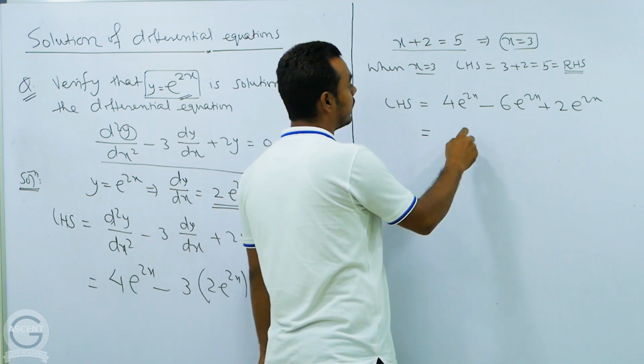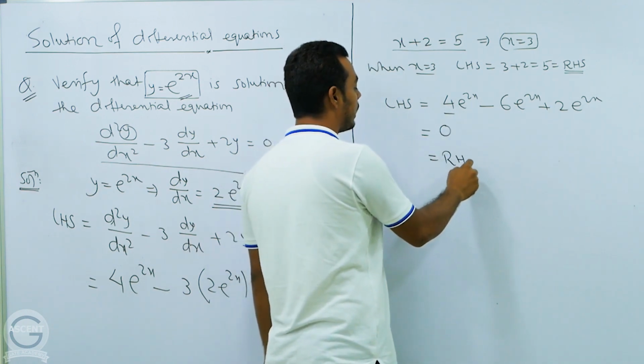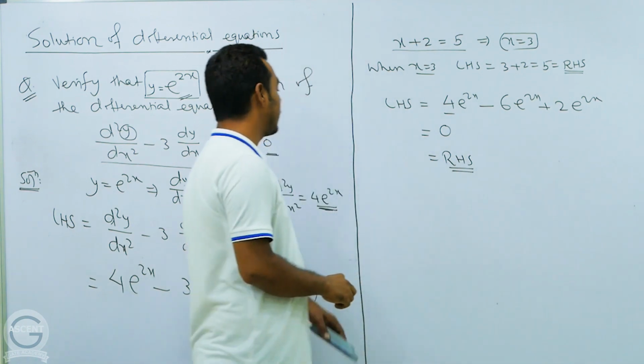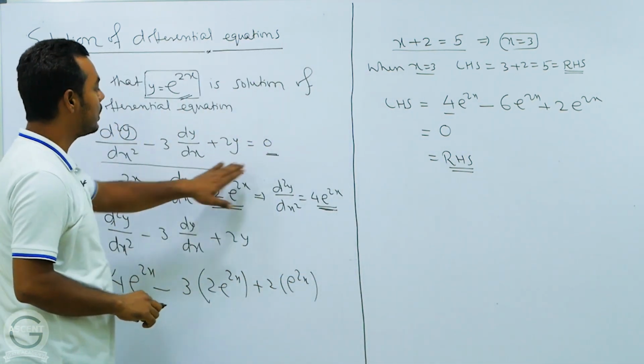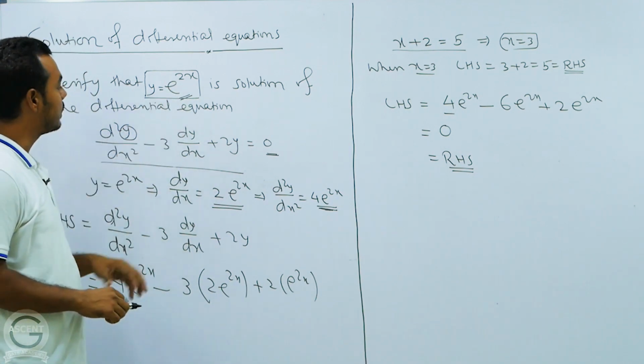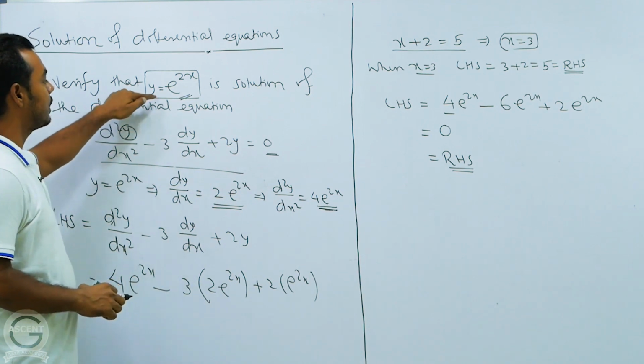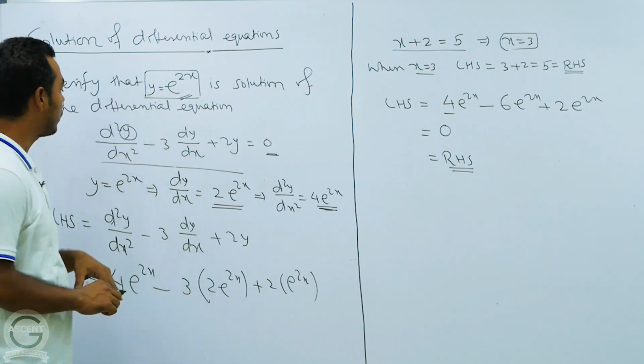Finally this will give us 4 plus 2 minus 6, which is 0, our right hand side. Since for the given function the left hand side becomes equal to the right hand side, this function is the solution of this differential equation. So this question was basically how to find whether a function is a solution of a given differential equation or not.